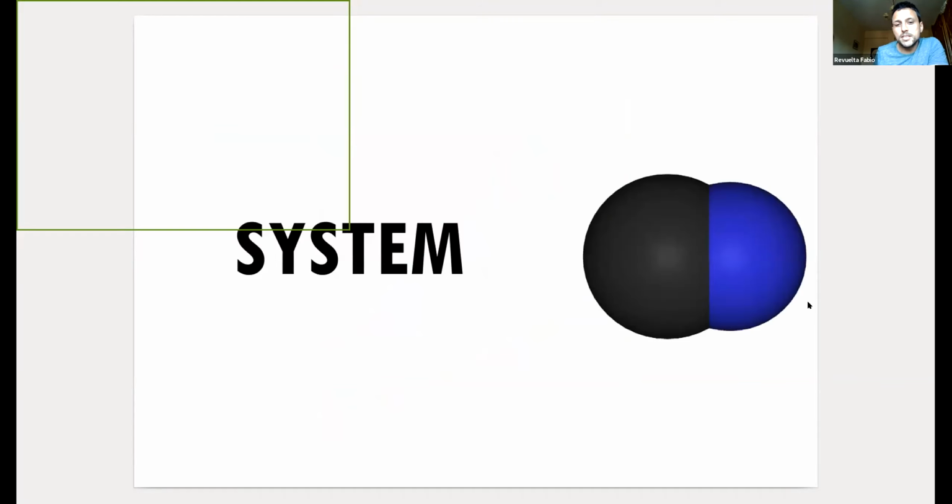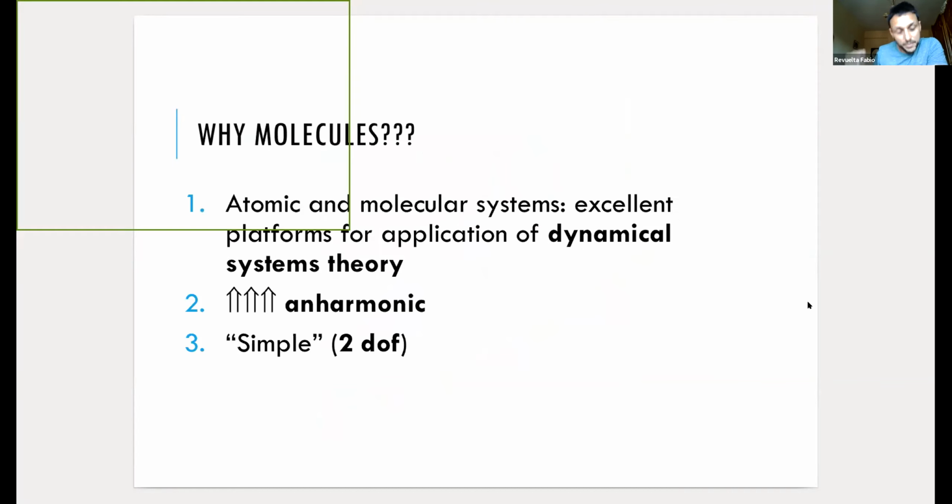Okay, so the systems we study are molecules, and the first question is, why do we study them? Well, because they are excellent platforms to use dynamical systems theory tools to analyze them, right? They are in general extremely anharmonic, and some of them, like the ones that we study, are very simple because they do not have so many atoms, so you don't have as many degrees of freedom as in very large molecules.